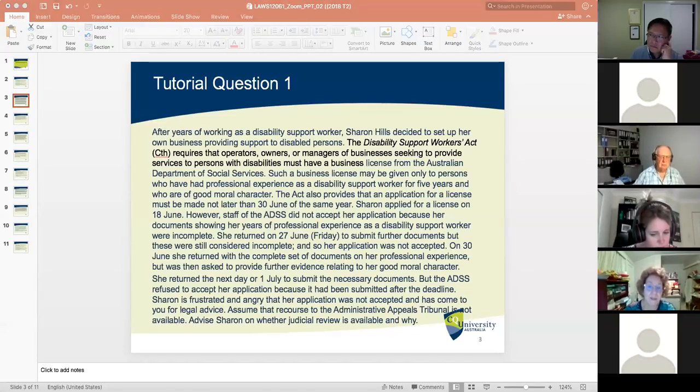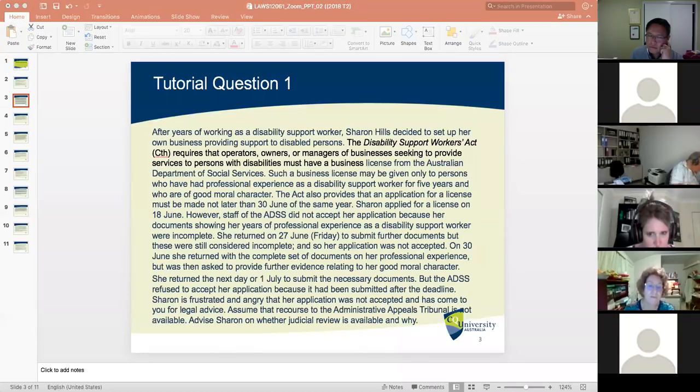Such a business licence may be given only to persons who have had professional experience as a disability support worker for 5 years and who are of good moral character. The Act also provides that an application for licence must be made not later than 30th of June the same year. Sharon applied for a licence on the 18th of June.